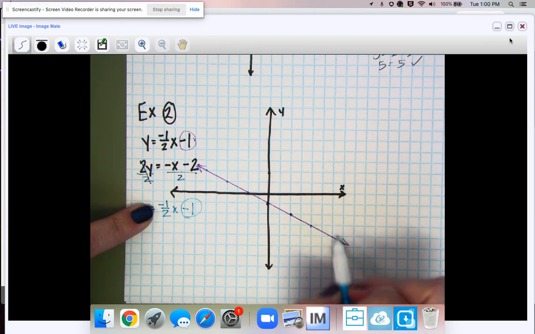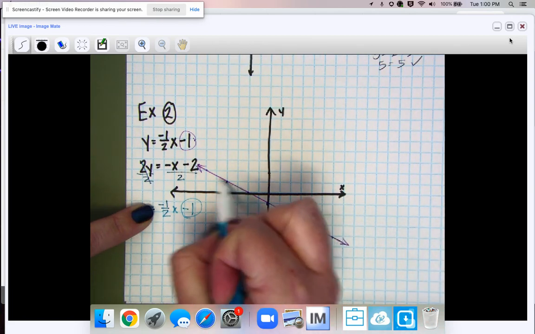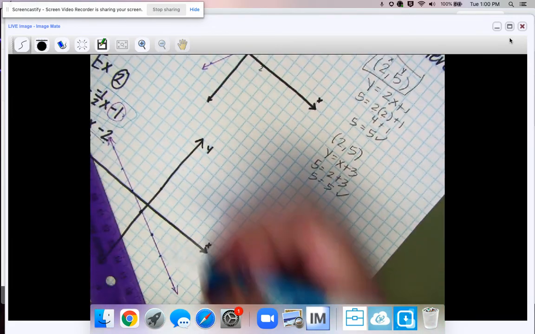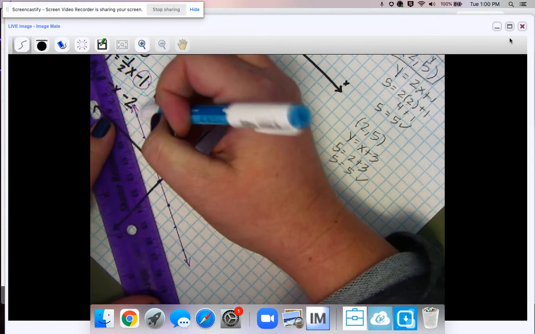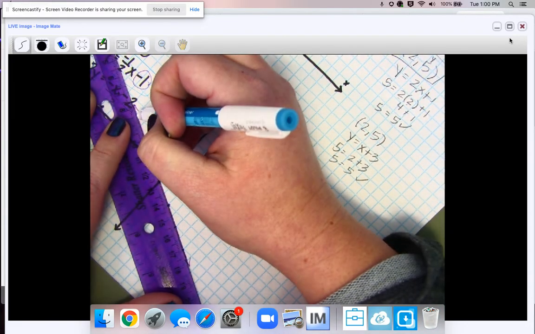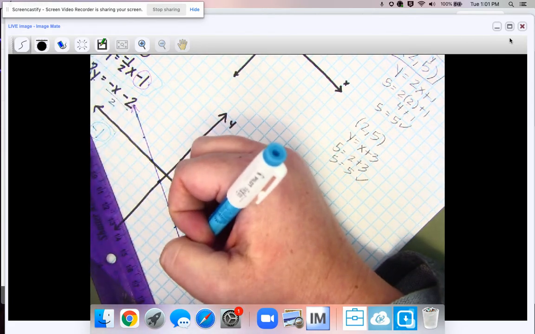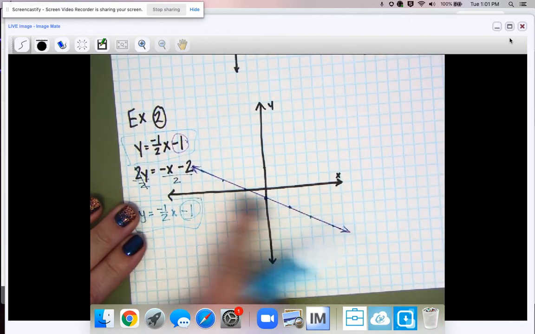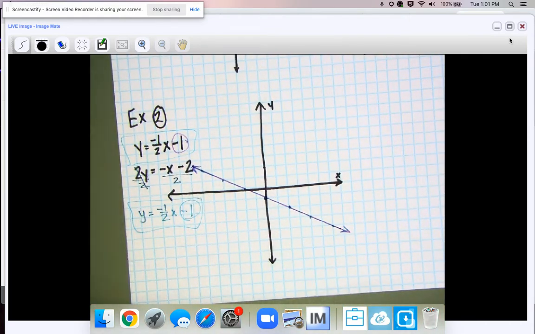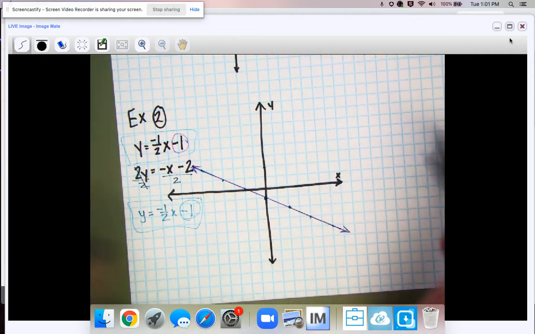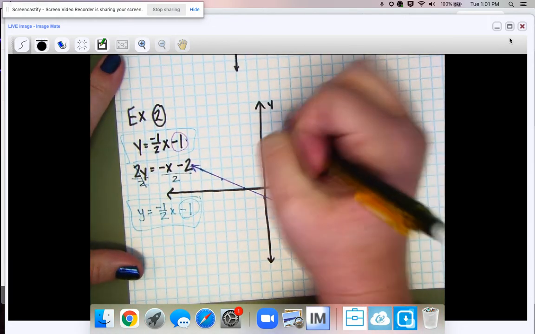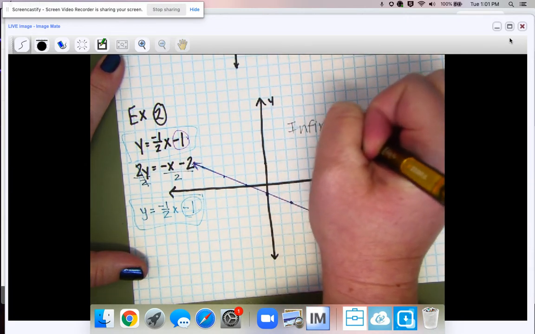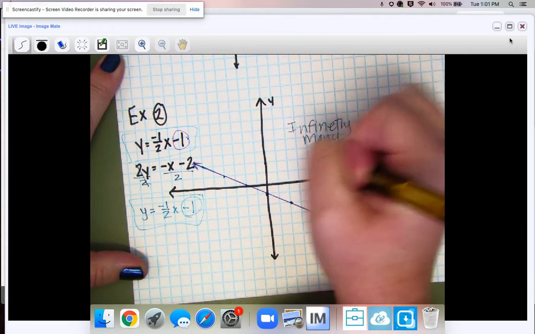And what you notice here is that these points exactly line up because these equations are exact matches. These two equations represent the same points on this line. So when the two equations represent the same line or the same set of points, then we say that there are infinitely many solutions.